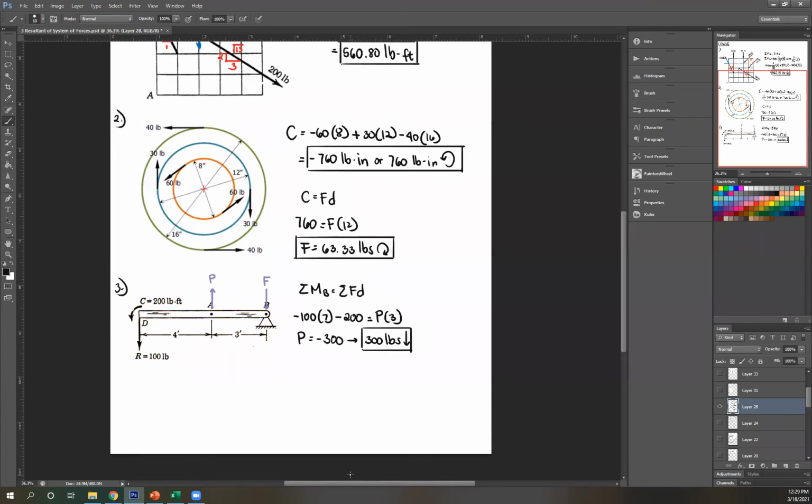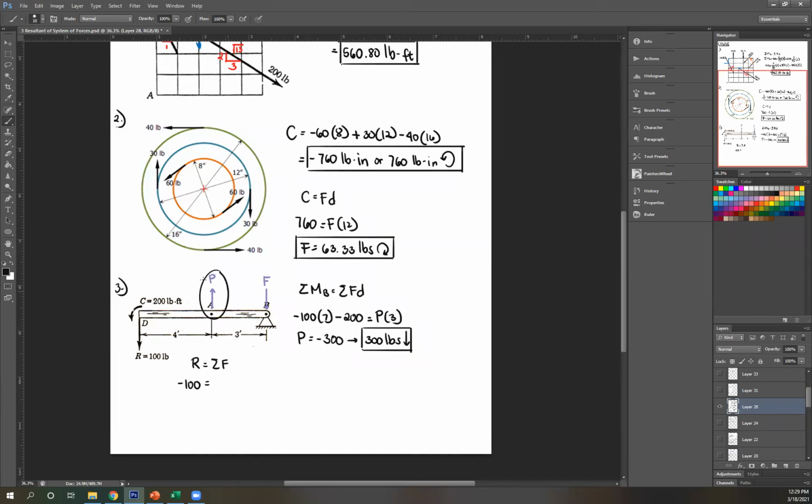Okay, now I have my P. To get F would be easy. That's just summation of forces vertical. R equals summation of forces vertical. My R is 100 downward, so negative 100, since downward, equals. When you create another equation, you can either correct this, erase this, and know that this is downward, or you can stick to your assumption and just use the answer that you got.